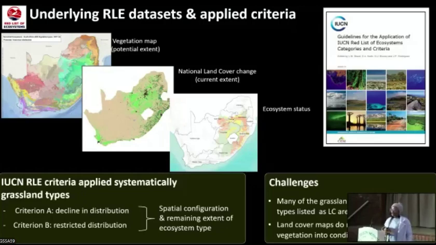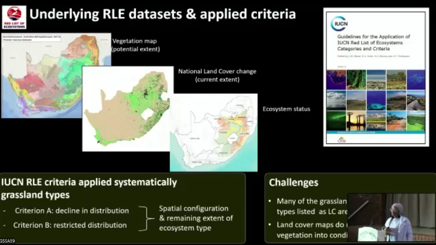In terms of the grassland biome, the assessment relied heavily on criterion A and B, because we have a good land cover change data set that allowed us to measure changes in ecosystem extent.